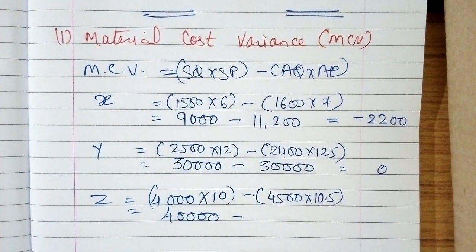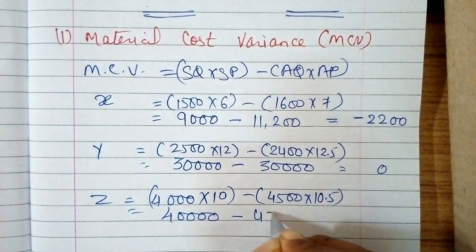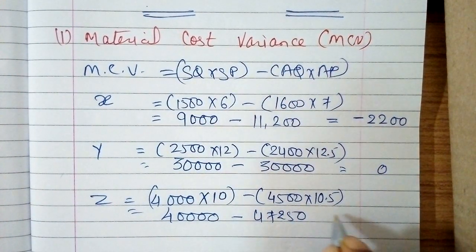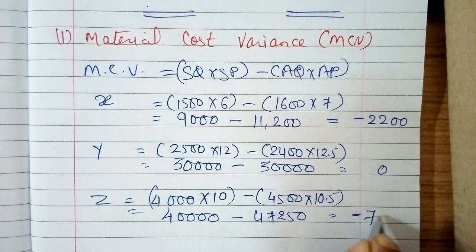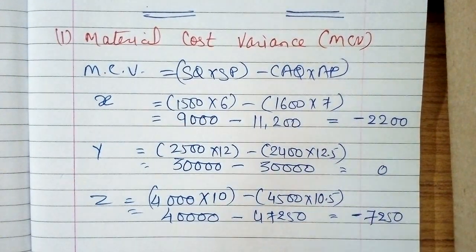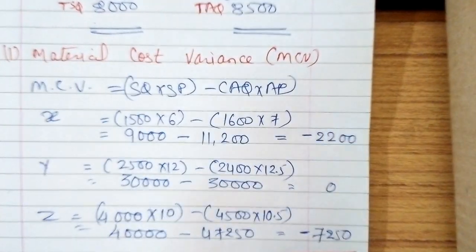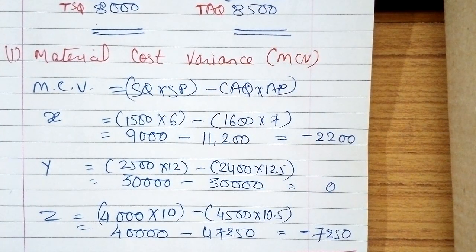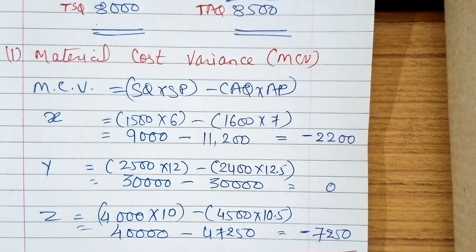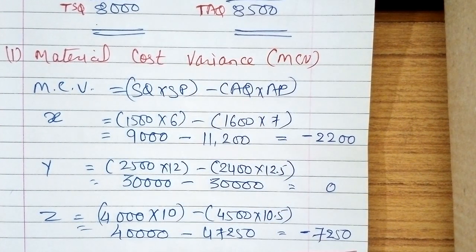So 40,000 minus 47,250. So negative 7250. So the final answer will be negative 7250 and negative 2200.